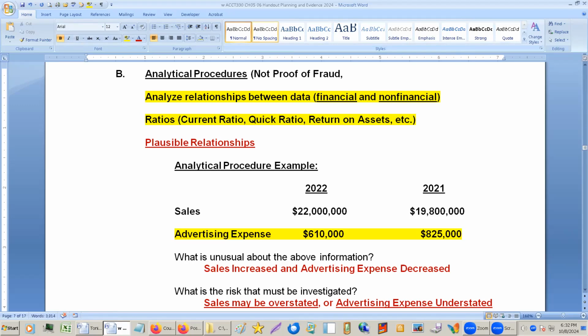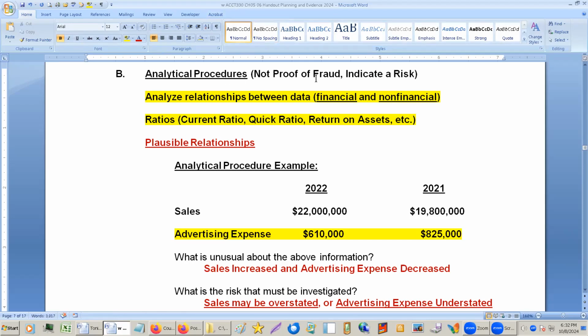However, what they do is highlight those areas that are important. They indicate that something may be amiss. They indicate a risk.